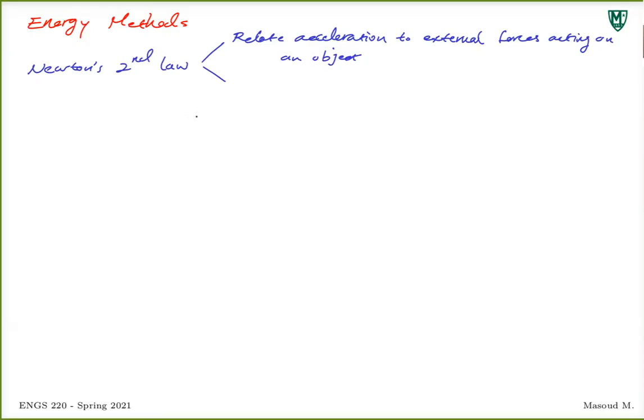Now, what do we want to do in the energy method? This is before. Now, what we want to do is relate change in position to change in velocity. That's what the energy method mainly does for us.